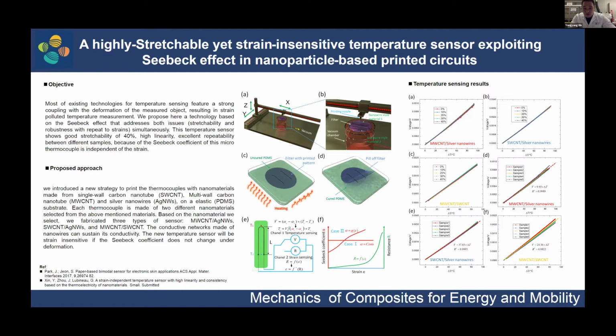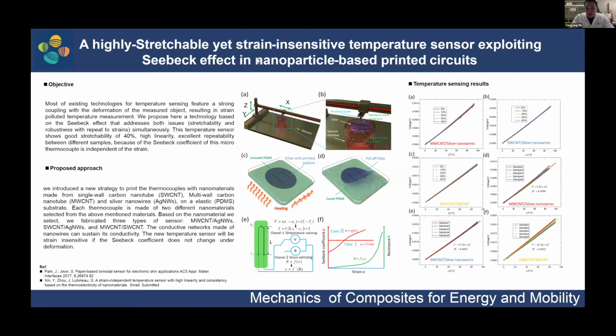I think it's better that the Seebeck coefficient doesn't change with the strain, so that the temperature sensor is insensitive to the strain.